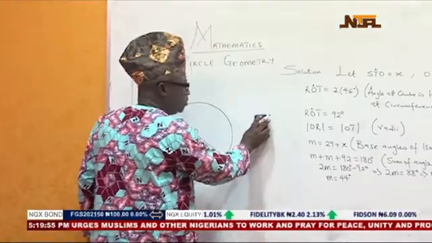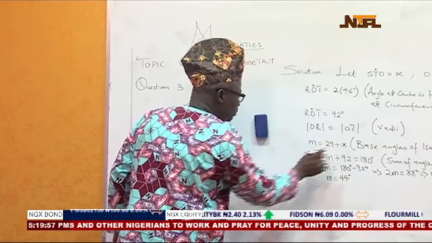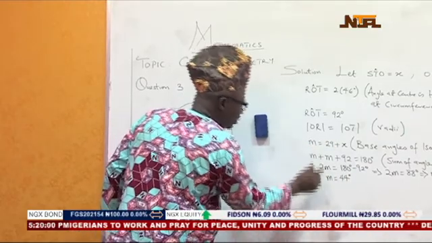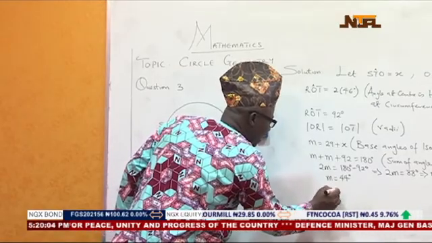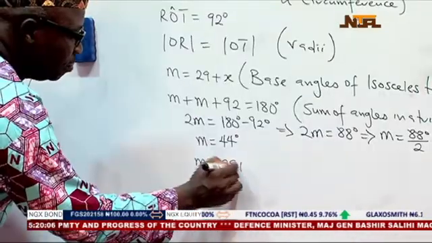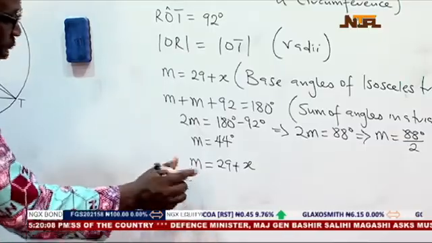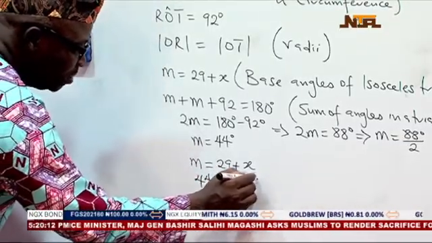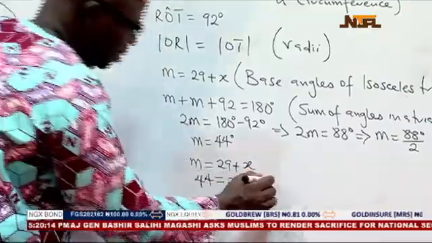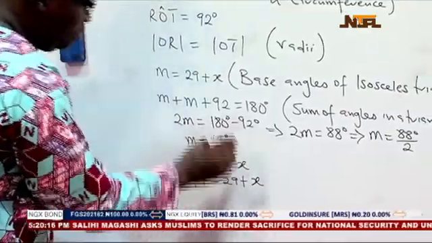So I've written it here already. So I'm just going to quote it. M is equal to 29 plus X. So our M is 44. 44 is 29 plus X. We've already mentioned the reason.